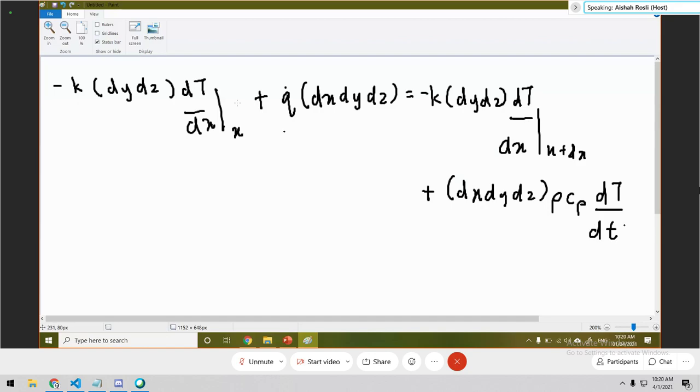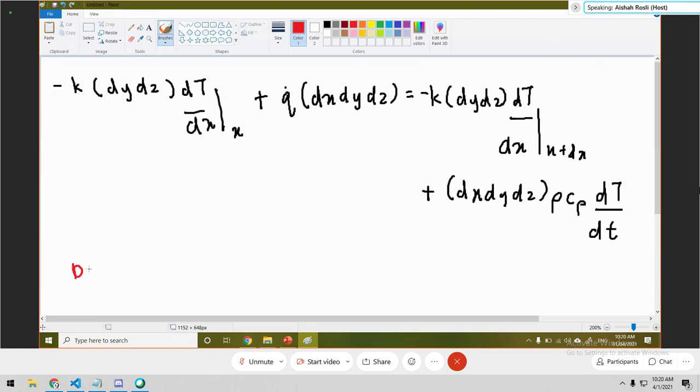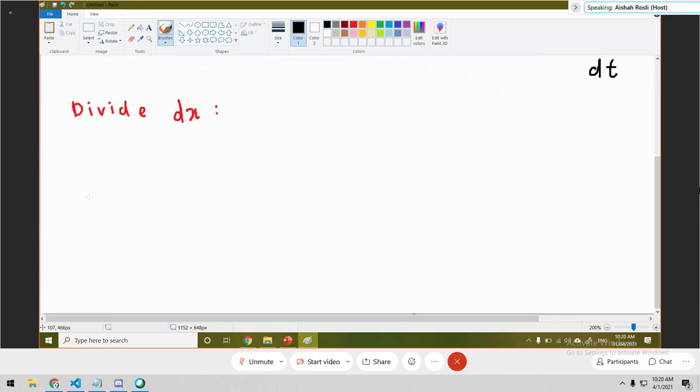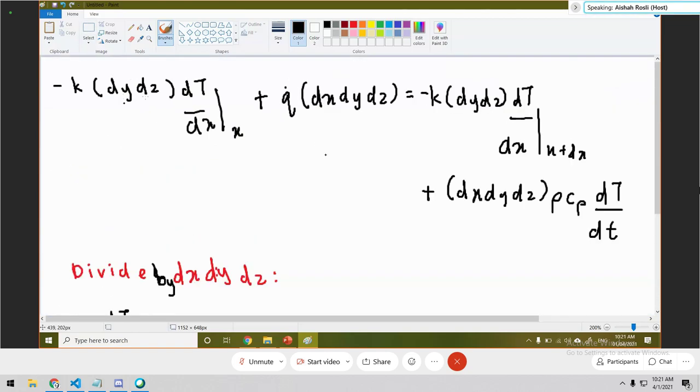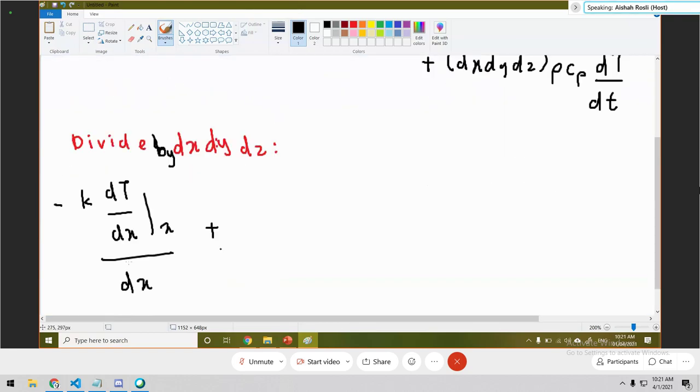So if we divide everything by the volume, dx dy dz, in this case, because we have dy dz here, those cancel, but there is no dx here, so we still have a division by dx.